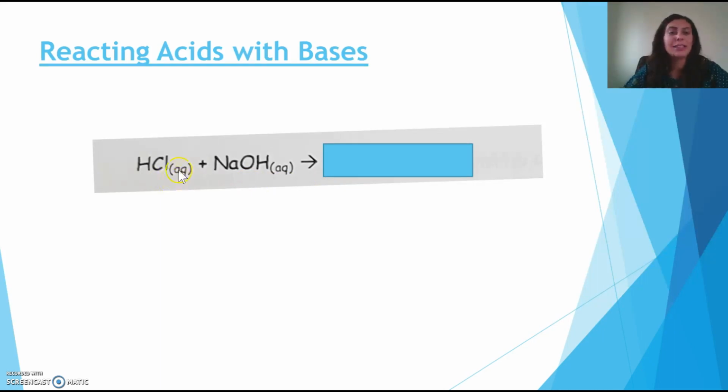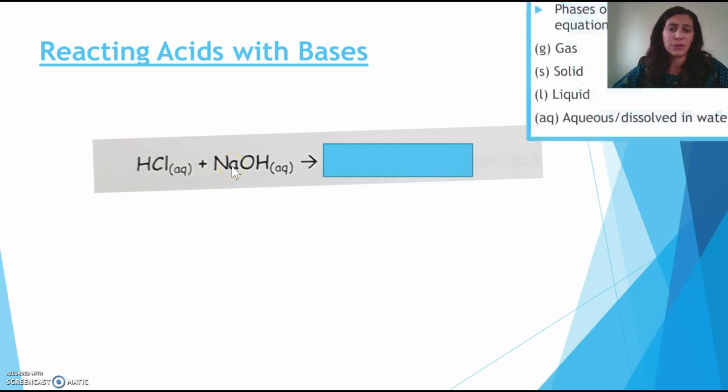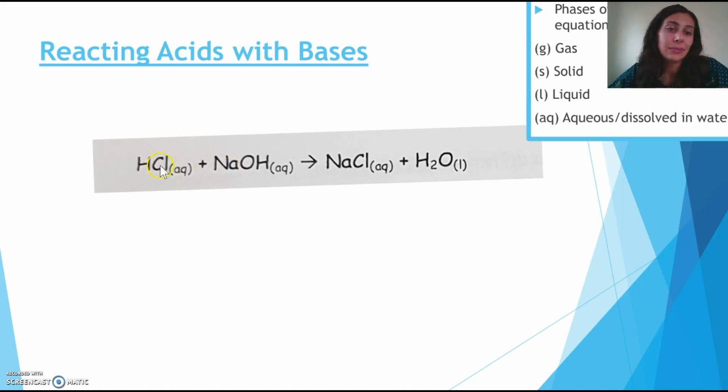We have hydrochloric acid dissolved in aqueous, so dissolved in water, and sodium hydroxide in aqueous solution as well. When you combine them, double displacement says that one of the elements or compounds has to switch with the other one, and they both swap partners. So when that happens, we get NaCl and HOH, which is H2O, water.